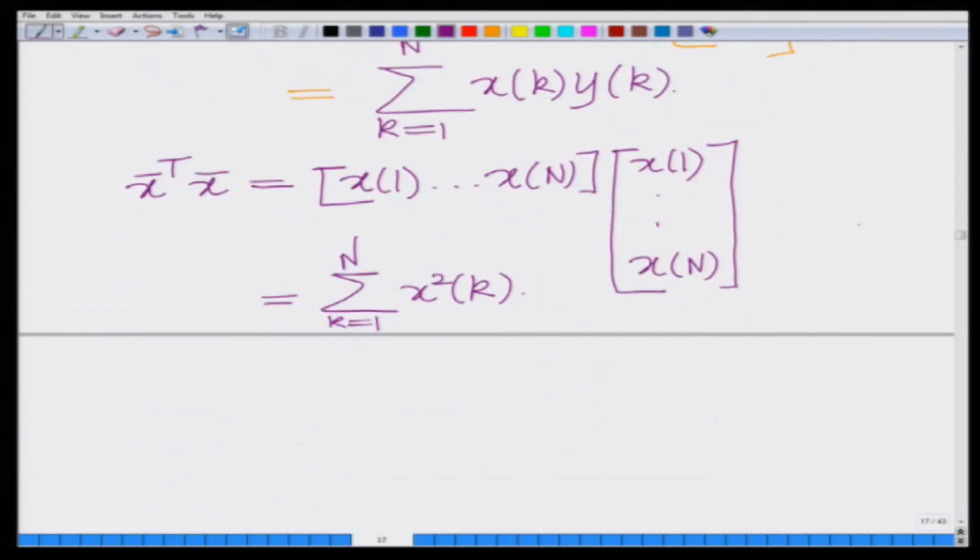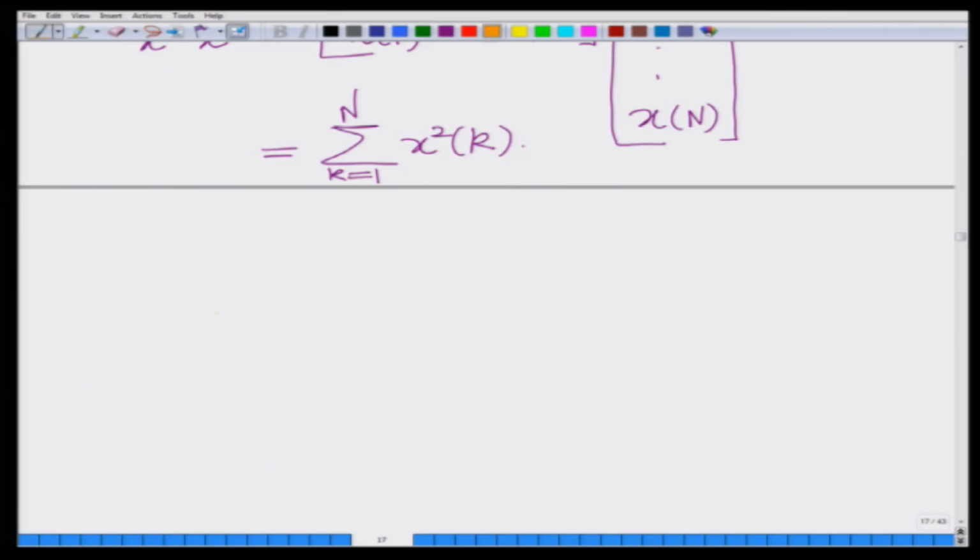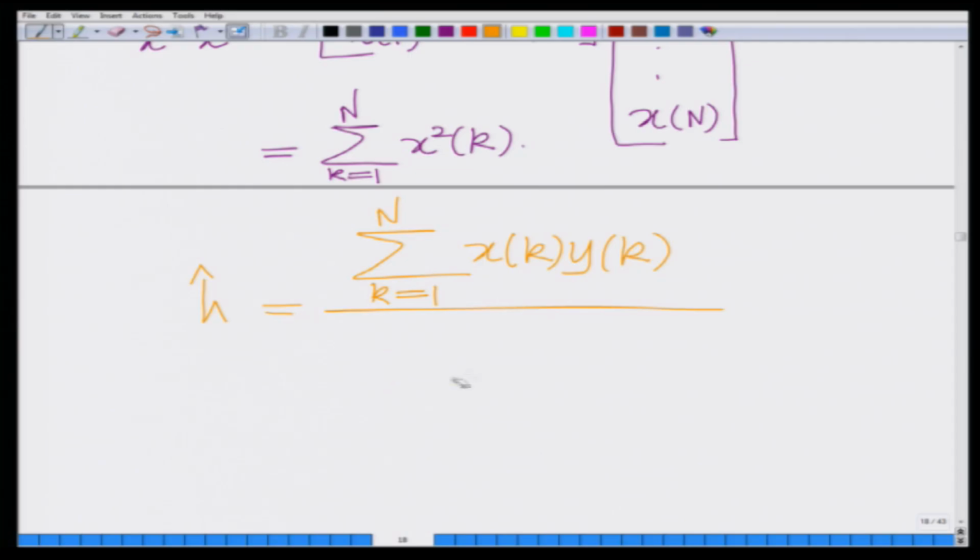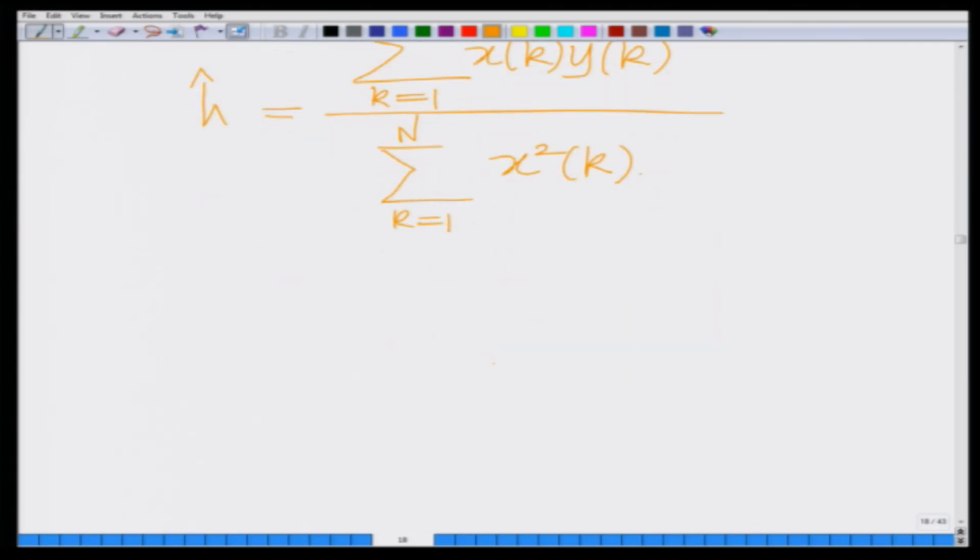Therefore, the channel estimate h hat can also be written as h hat equals summation k equal to 1 to n x k y k divided by summation k equal to 1 to n x square of k, which, as we have seen, can now be simplified as x bar transpose y bar divided by x bar transpose x bar.